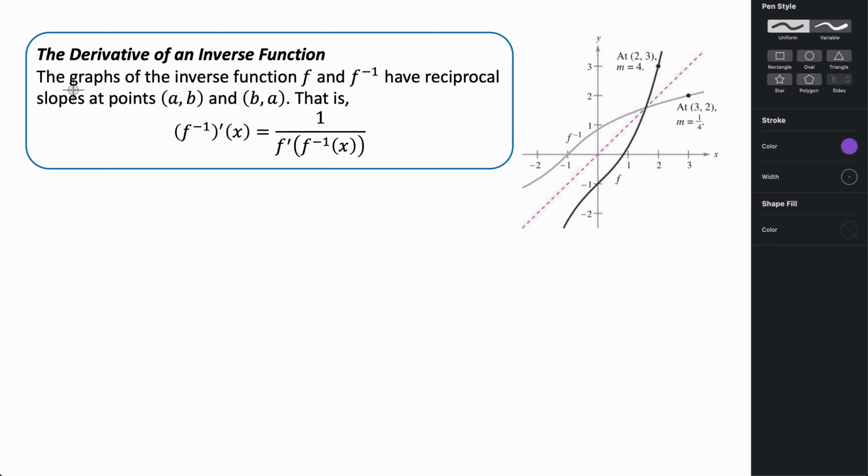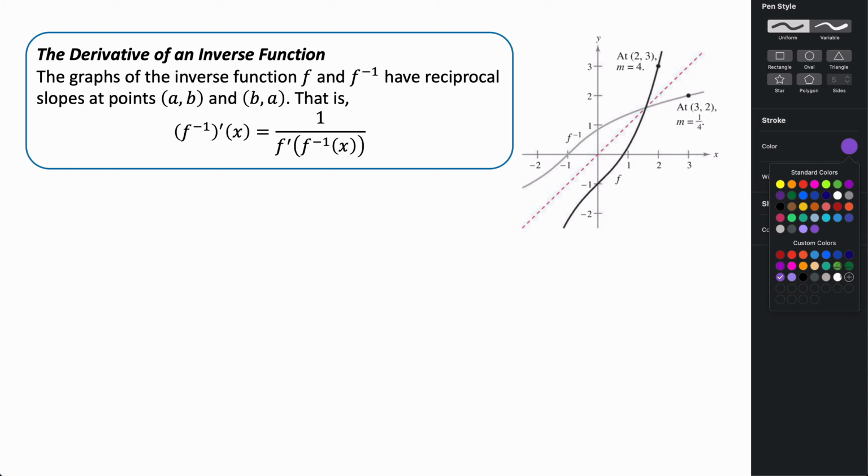So how do we find the derivative of an inverse? The graphs of inverse functions f and f inverse have a reciprocal slope. Their slopes are reciprocals at these corresponding points. So if you have the point (a, b) on f, then (b, a) will be on f inverse, and the slope of the tangent line at this point is going to be the reciprocal of the slope of the tangent line at this point on the inverse function.